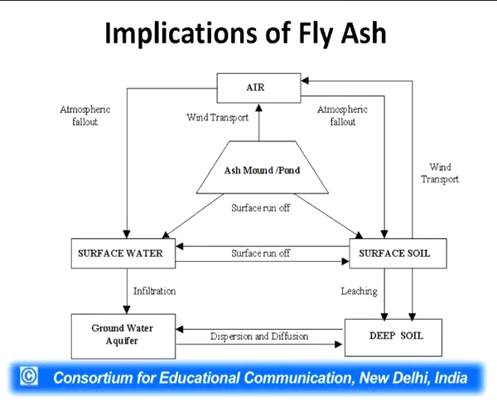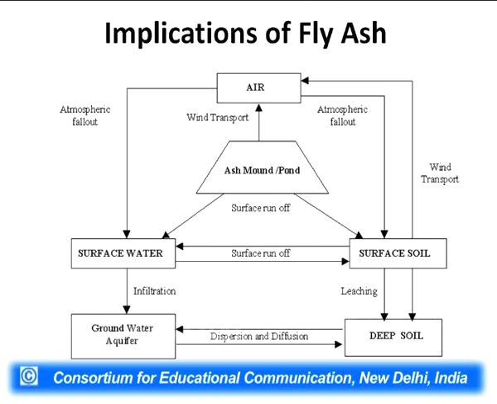On one hand it can go to the air, on the other hand it can go to the surface water as well as to the surface soil. What happens when it goes to the surface water? From surface water, ultimately it can reach the underground water.